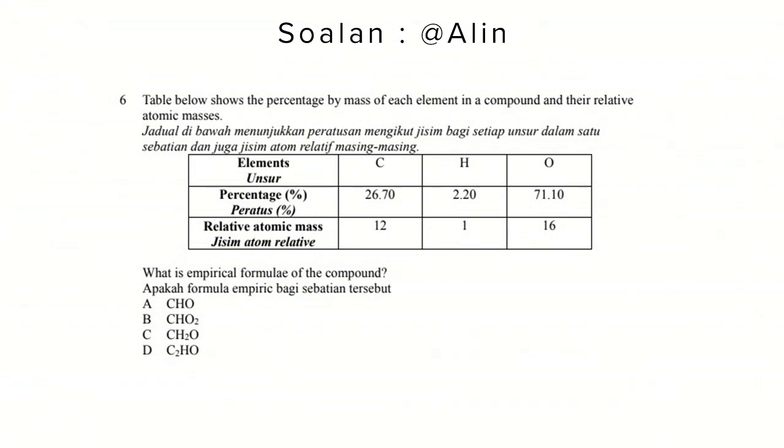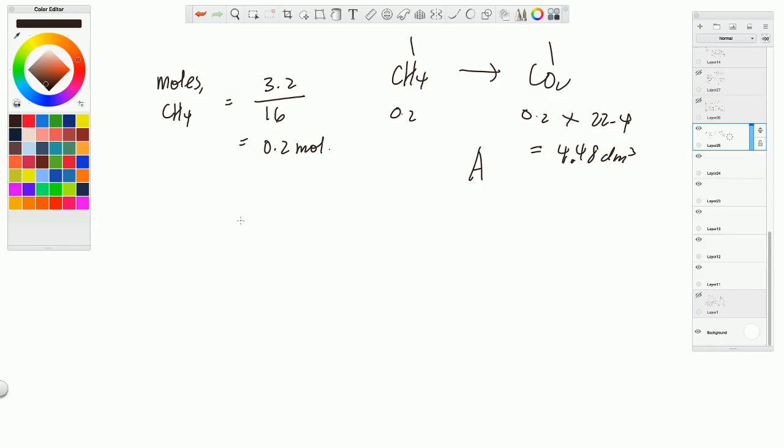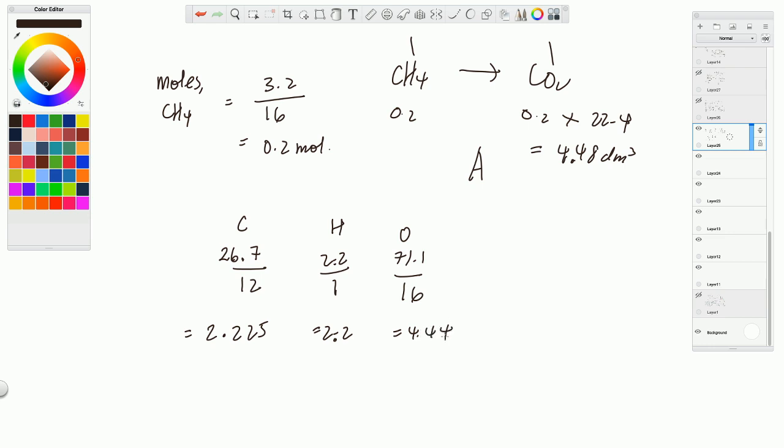Peratus mengikut jisim bagi setiap unsur di dalam satu sebatian juga jisim atom masing-masing. Okay. Empirical formula. So you take carbon 26.7 divide 12. Hydrogen 2.2 divide 1. Oxygen 71.1 divide 16. Okay, so this is quite obvious, right?